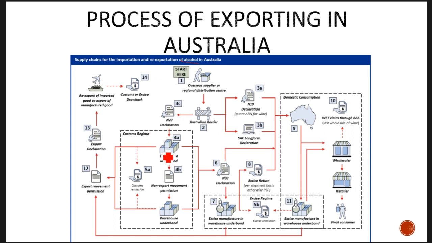You can see they have a few declarations as well, and the Australian border where they try to check all the products coming into their country, right? So some countries have their own method in exporting, and therefore they will sometimes need slightly different documentation in their process.